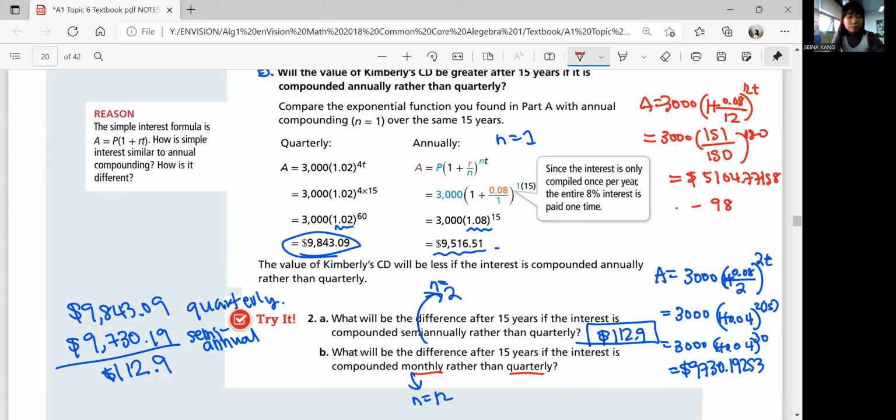Are we sure? Wait, 3,000 times 1 plus 0.08 divided by 12 to the power of 30. Right, to the power of 180.